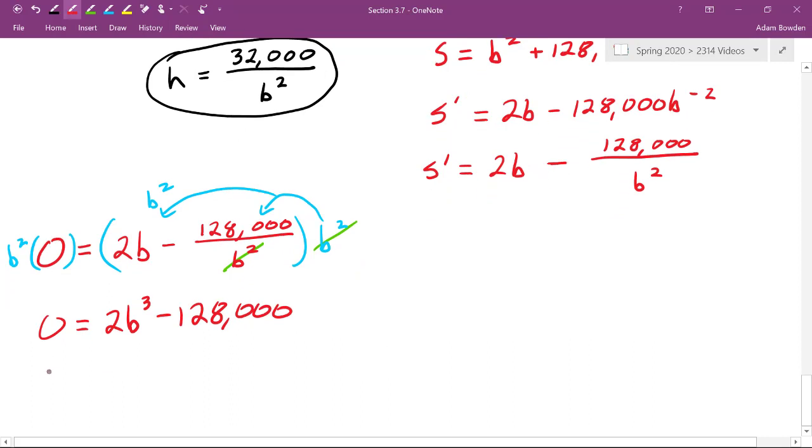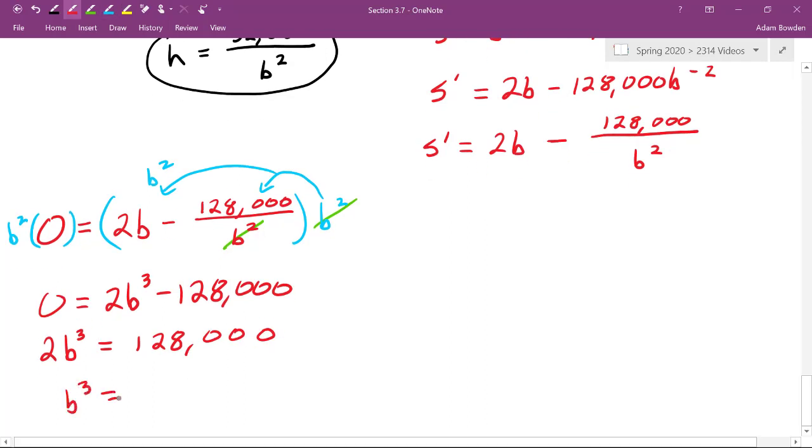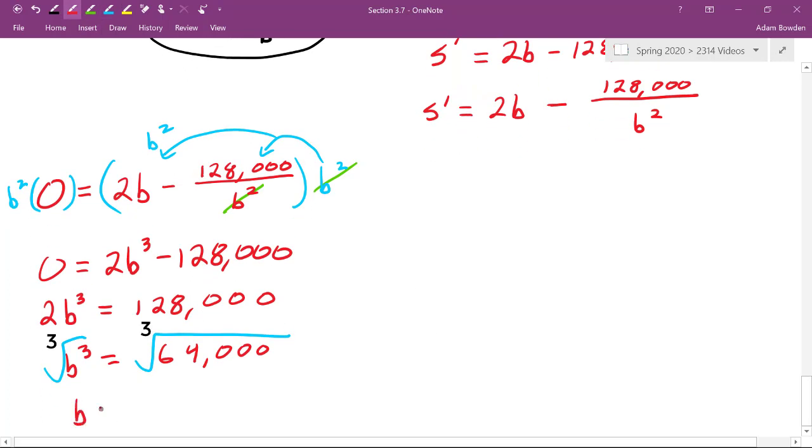Okay, so let's see, we've got to solve for b cubed. So when I move over the 128,000, divide by 2, b cubed is actually 64,000. And that way we can take the cube root, and the number works really well here. It's equal to exactly 40.